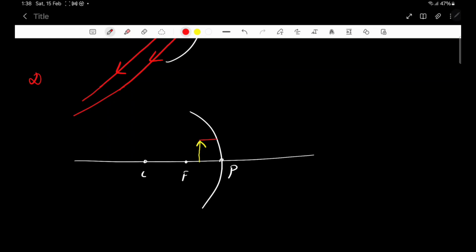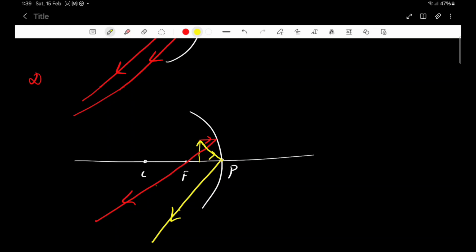From the top tip, I can assume one light ray parallel to the principal axis. After getting reflected, this light ray will pass through the focal point. I can apply rule 4 also now. If I apply rule 4, this light ray after getting reflected will go like this. If you look at these two reflected light rays, they seem to be diverging away from each other. If reflected rays are at least parallel, we can assume they meet at infinity.